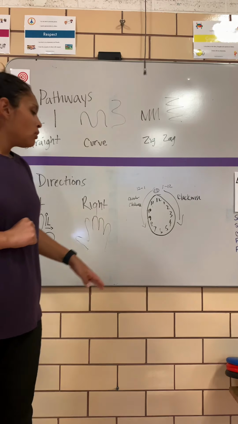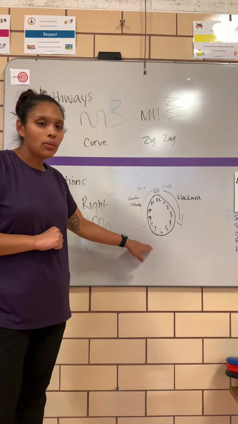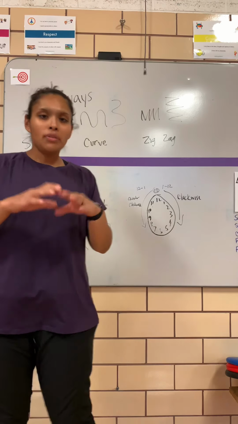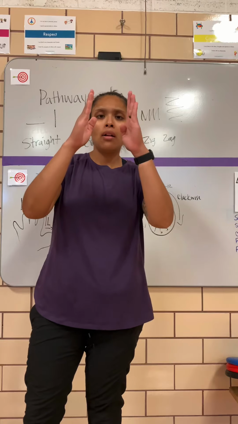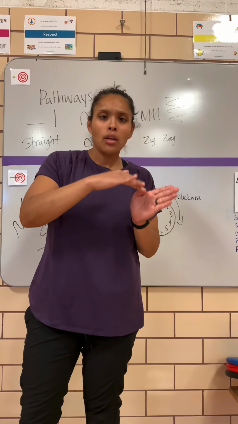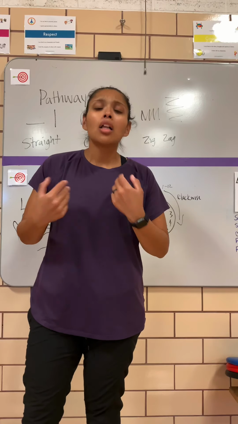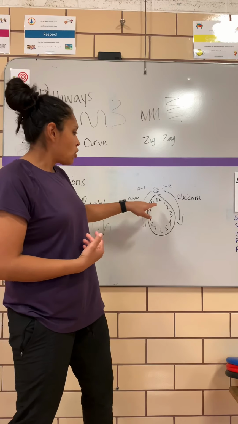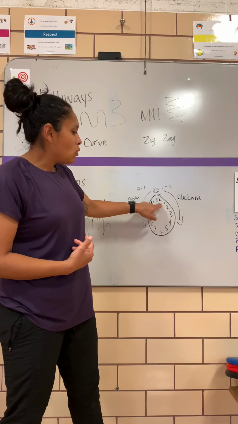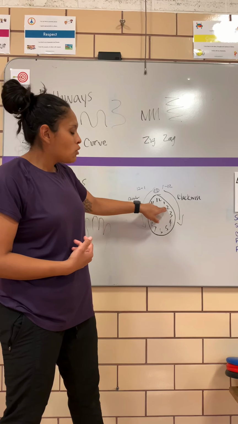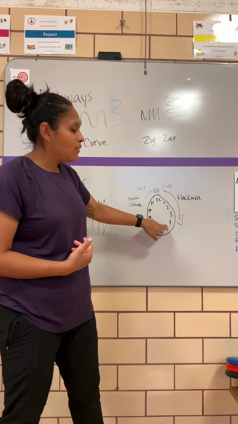Now we're gonna talk about counterclockwise and clockwise. So you've seen a clock. It goes 12, 1, 2, 3, 4, 5, 6, 7, 8, 9, 10, 11, 12, okay? Clockwise is when you start at 12 and you go 1, 2, 3, 4, 5, okay?